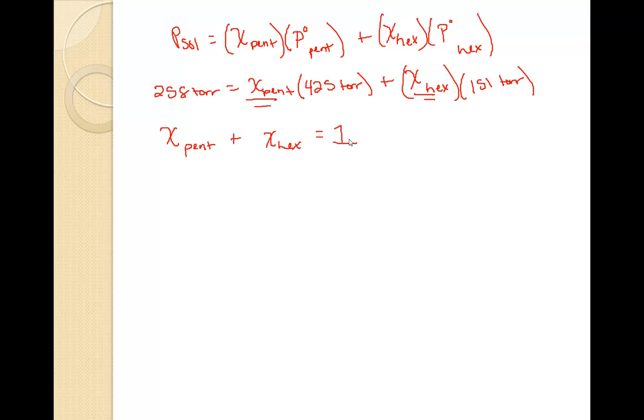So let's solve for hexane here. The chi of hexane is equal to 1 minus the chi of pentane.